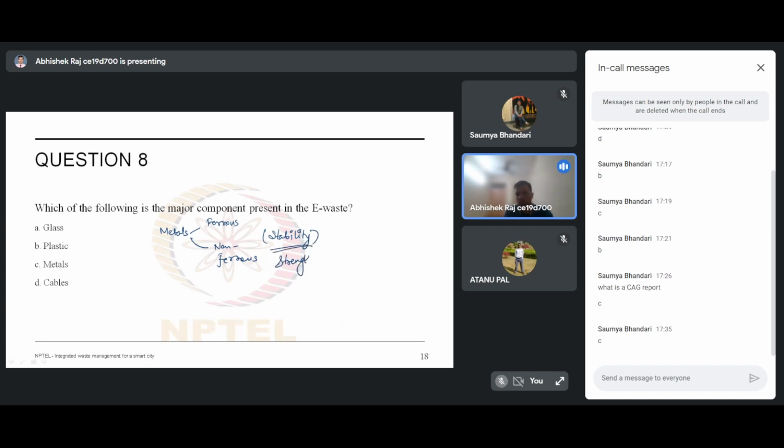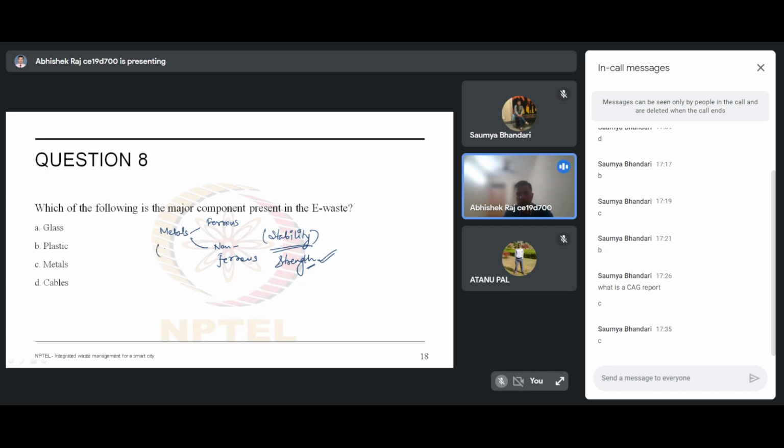We don't want a very big object to be very light because it can cause stability issues. It should have a certain inherent strength, and for that we use metals. Also, in certain cases such as the coil in a fridge, it is used for increasing conductivity and transferring heat in the condenser. So that is the major component present in e-waste.